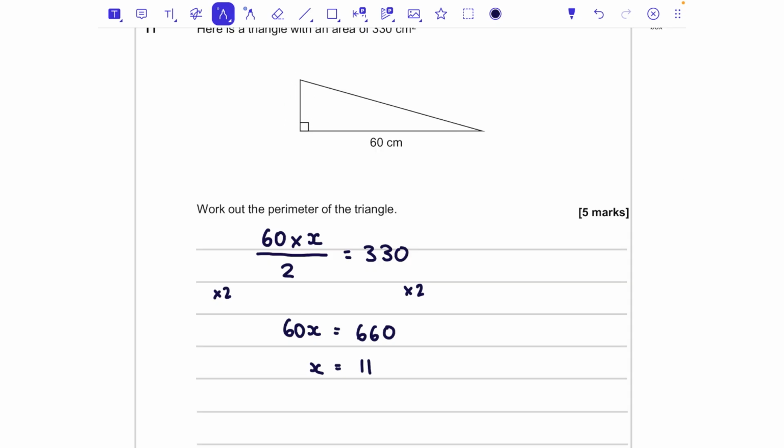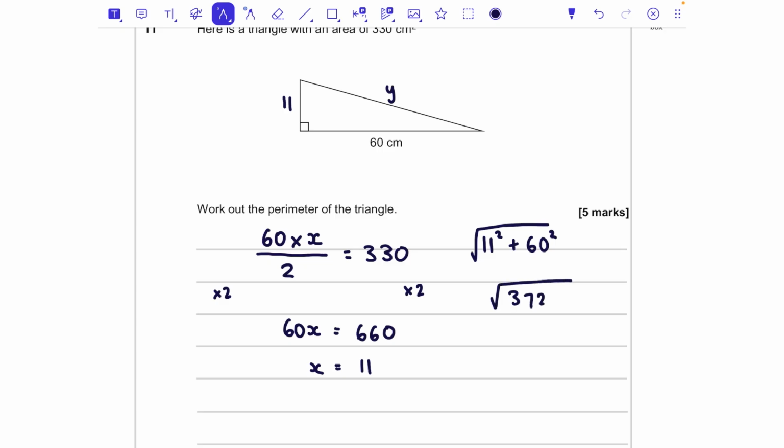So I can pop that there. I then want to know the perimeter of the triangle, and the perimeter is the distance all the way around the outside. So 60 add 11 add something, let's call it y. Now to get y, we're going to use Pythagoras. So 11 squared add 60 squared, and then we're going to square root that answer to find out what y is. 11 squared add 60 squared is 3,721.